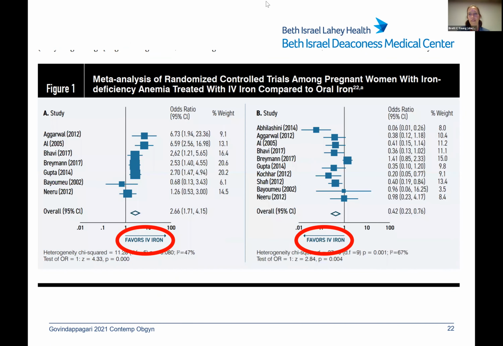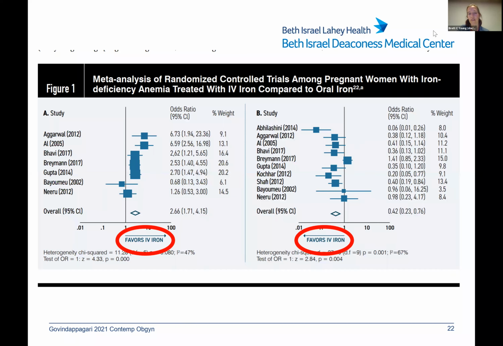When we think about efficacy of oral iron versus IV iron, it's been studied pretty extensively. This is a meta-analysis of randomized controlled trials of pregnant patients with iron deficiency anemia treated with IV iron versus oral iron. And you can see that when we looked at the meta-analysis, IV iron was more efficacious in a shorter amount of time at raising hemoglobin.